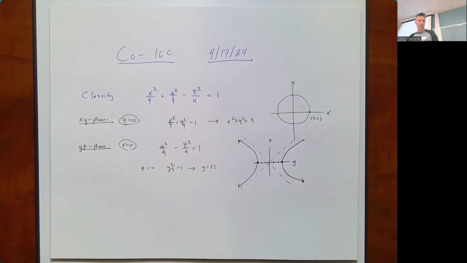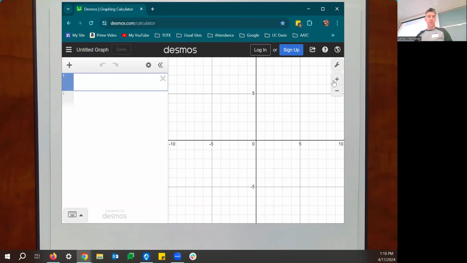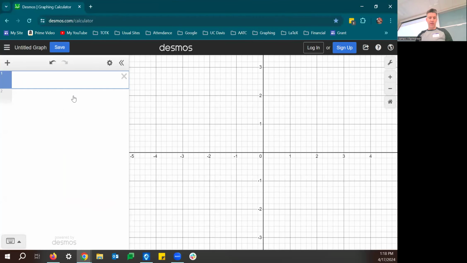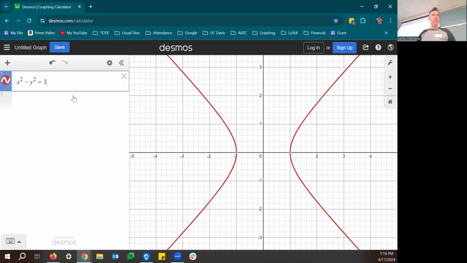In fact, while we're here, we might as well take a quick look, so you can see for yourself. If I actually want to graph something like this, I could graph x squared minus y squared equal to 1. And there's your left-right opening hyperbola.